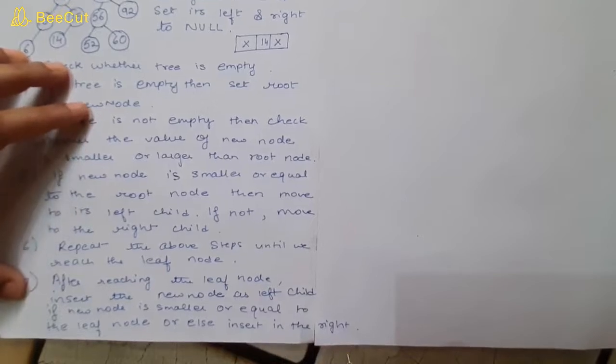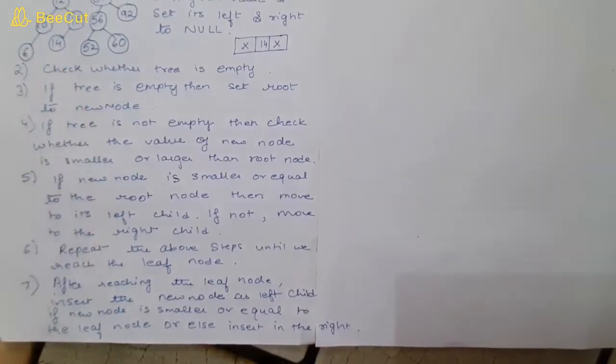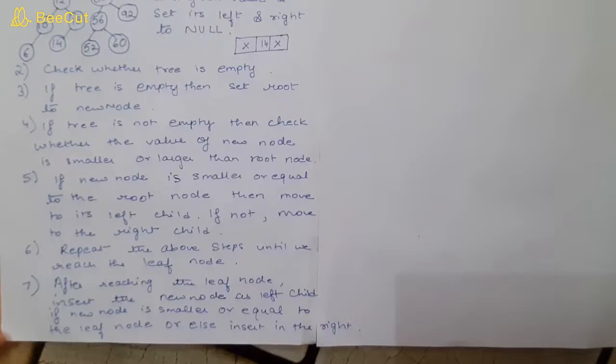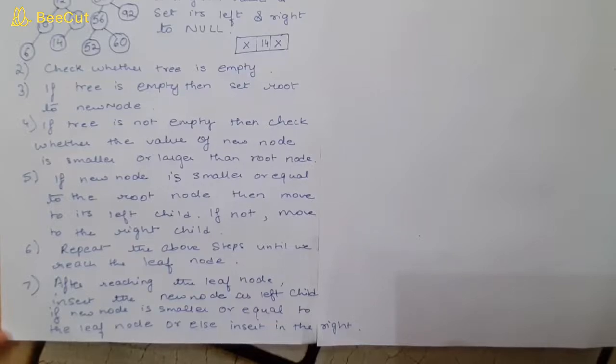So this you need to remember: once you have reached the leaf node, always insert the new node at the leaf node position. You compare the new node with the leaf node. Here the leaf node was 15, we compared it with 14. 14 was smaller than 15, that's why we inserted it in the left of 15. So this is the procedure of insertion, the algorithm which you need to follow for inserting any node in a binary search tree.